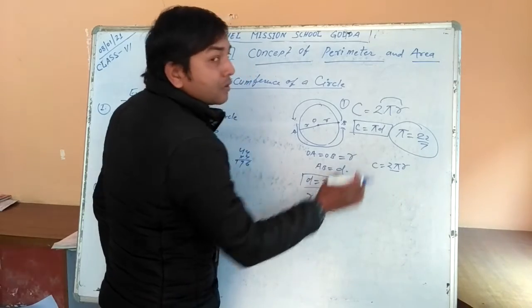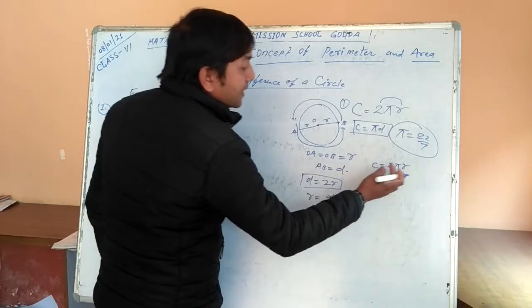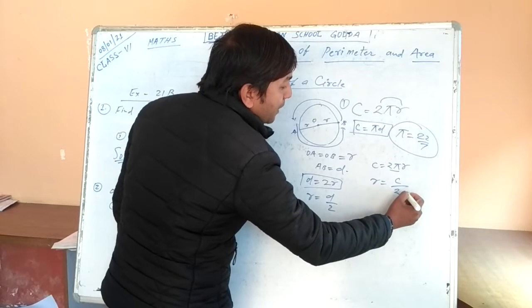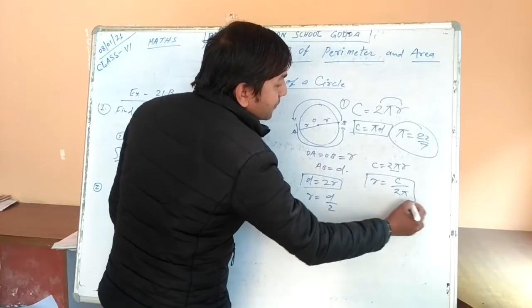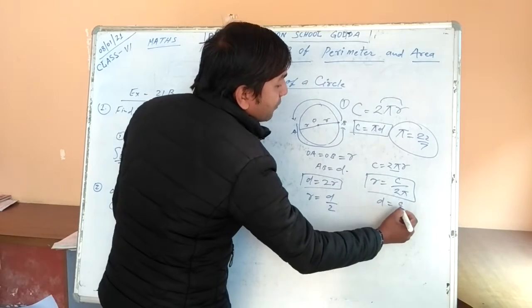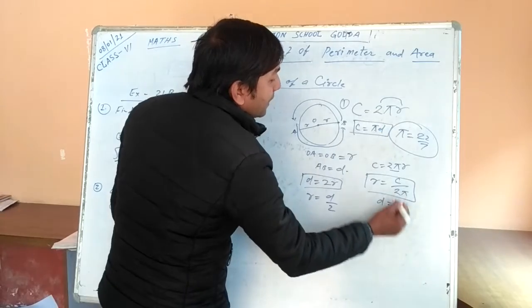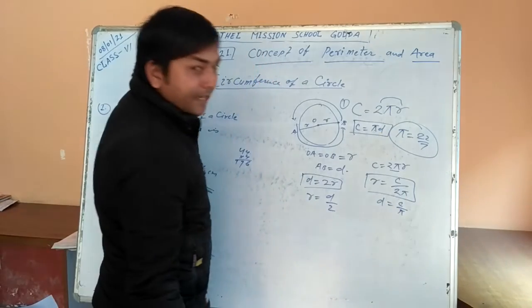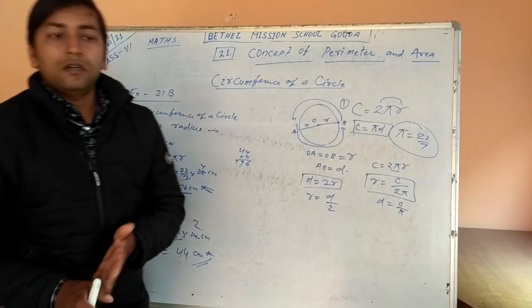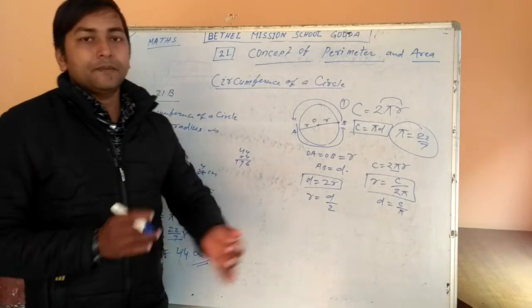You have to change over side and it becomes divided. R means circumference by 2 pi. Okay, or d equal to circumference by pi. Okay, so here I am going to solve some examples of these types.